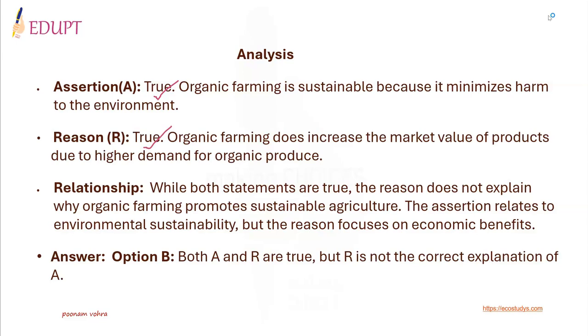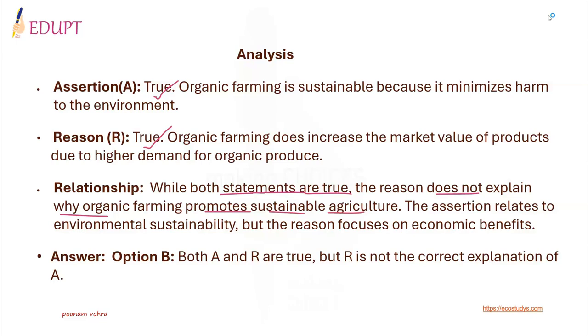It's a true statement. Next step is to find out their relationship, and one can see that both statements are true, but the reason provided does not explain why organic farming promotes sustainable agriculture.